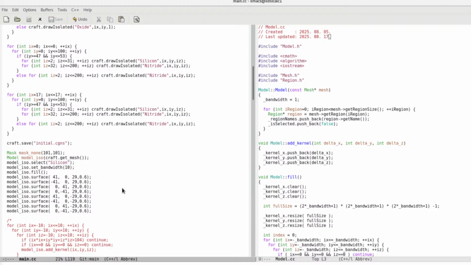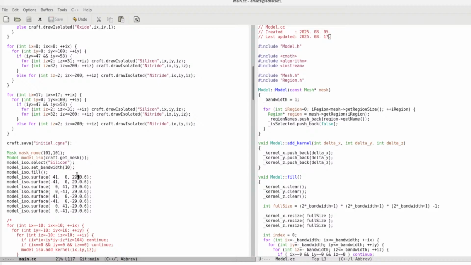That is not the exact one, but the error is quite small, so we can safely use it for our purpose. And here I set the bandwidth of 10. Bandwidth of 10 means that I will just consider 10, 10, 10 for an octant as the considering range of my calculation.